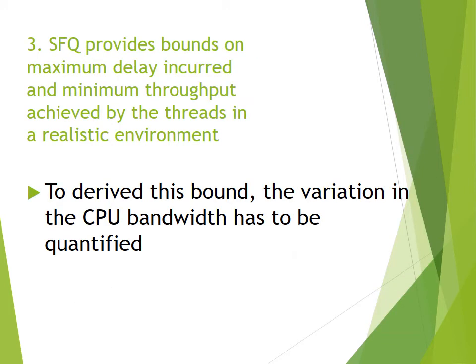The third property of this algorithm is that it provides bounds on the maximum delay incurred and the minimum throughput achieved by threads in a realistic environment. But to derive this bound, the variation in CPU bandwidth has to be quantified, and it can be quantified with two models.